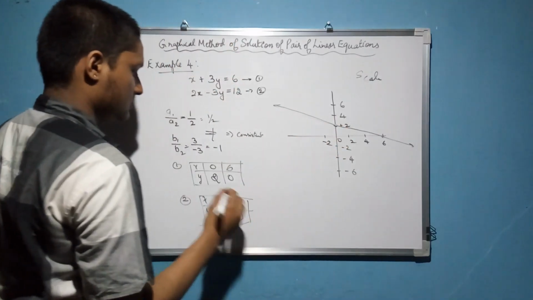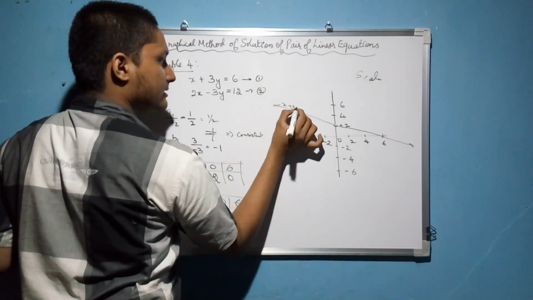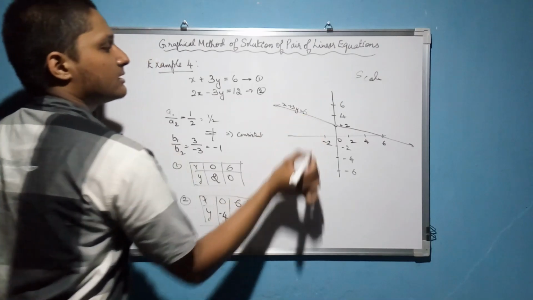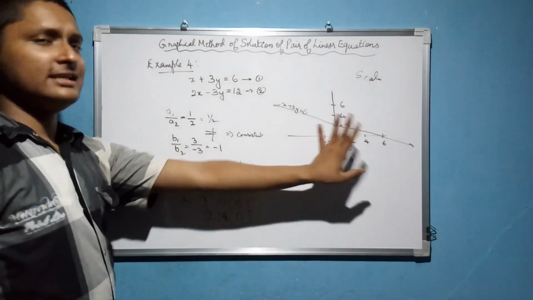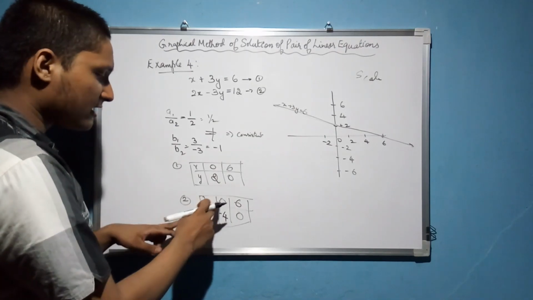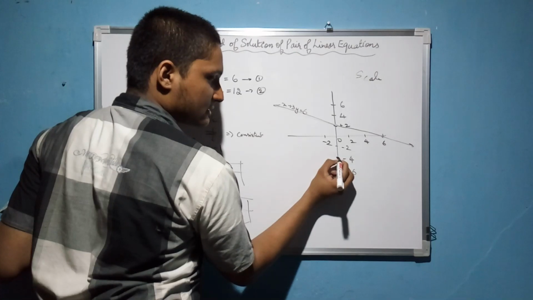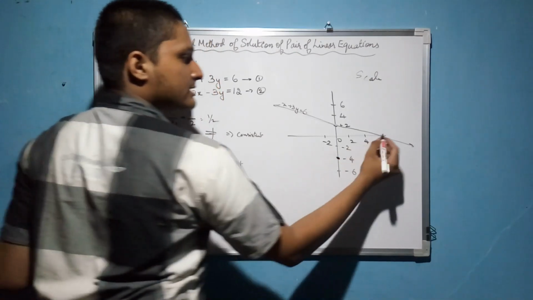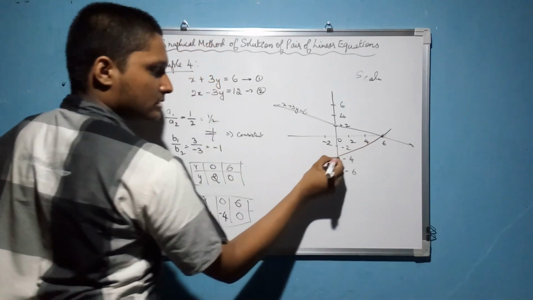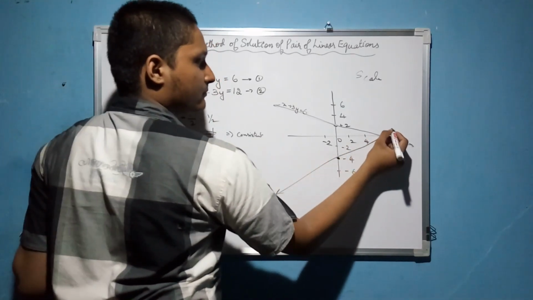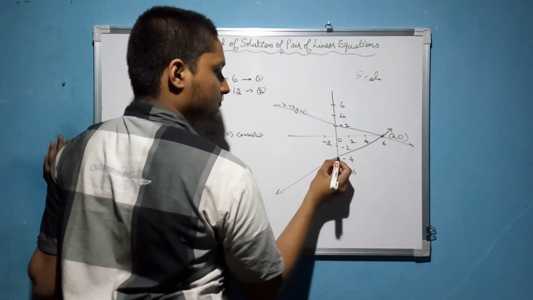We need to write the graph name, that is x plus 3y is equal to 6. This is the first equation. Okay, I have not drawn a straight line, however it looks like a line. Now we have (0, minus 4), 4 steps down. Then you have (6, 0), so it is going to be joining this line itself at this point, that is (6, 0).